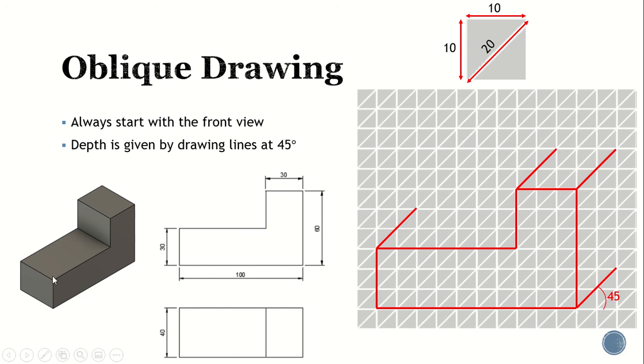And all of the other sides here, or the depth, is created at a 45-degree angle, exactly as the graph paper represents. And at this point, what we can do is just close up all of the other corners in order to close the shape, and this is exactly the same as the object we started with.